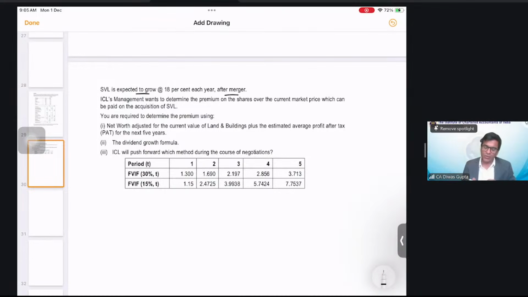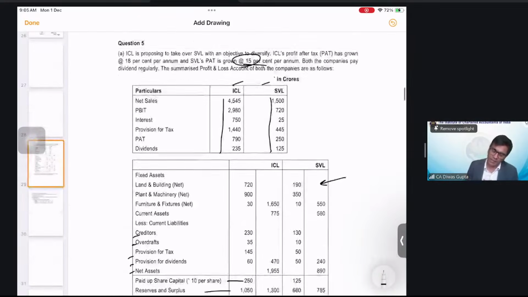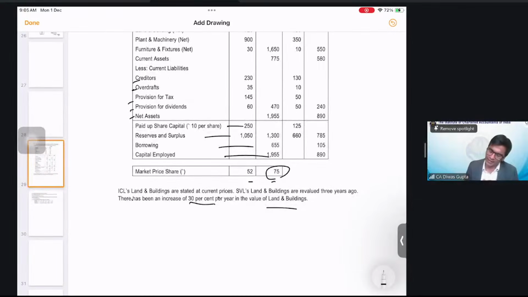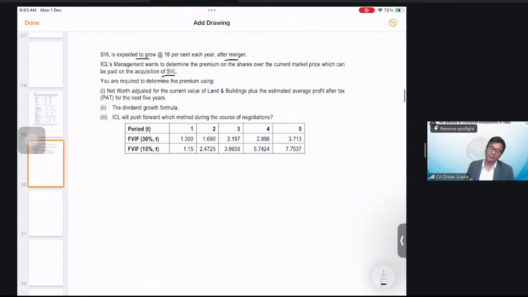ICL's management wants to determine the premium on the shares over the current market price, which can be paid on the acquisition of SVL. So they are trying to understand at what premium we can actually offer over the current market price. What is the current market price? They have given us 75, right? Over and above 75, what we can offer to them.